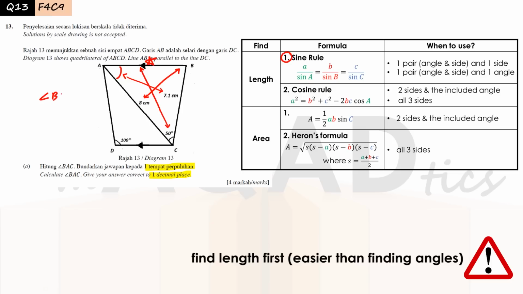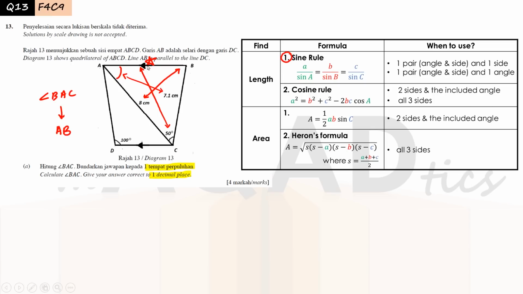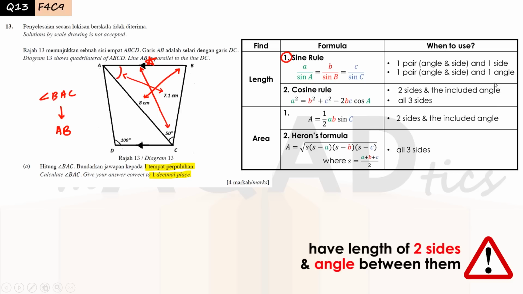So in summary, to find the angle BAC, we first need to find the length of AB. To find the length of AB, if you look at the angle here, the lengths of the sides around the angle are provided, and between the two lengths, the angle is provided. This is an indication we should use the cosine rule to find the line AB, because one of the situations where we can use it is two sides and the included angle.